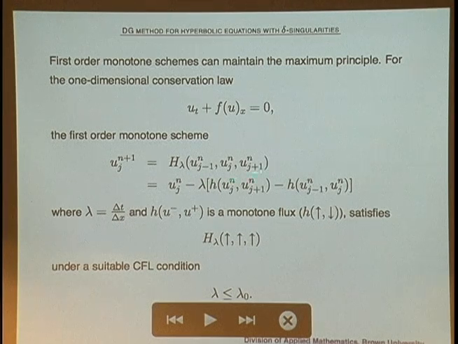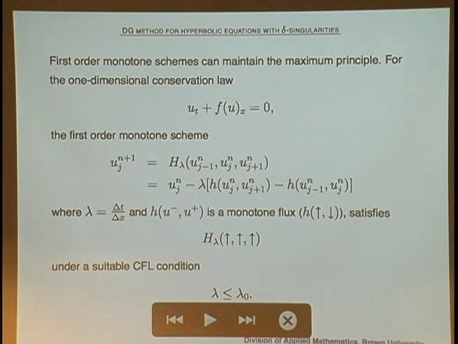This is the first-order scheme. It's a conservative scheme. Remember, I used f hat before, here as this monotone flux h, which, remember, is increasing in the first argument, decreasing in the second. So this is a three-point first-order scheme. So u_j^{n+1} is computed through u_{j-1}^n, u_j^n and u_{j+1}^n through this formula.